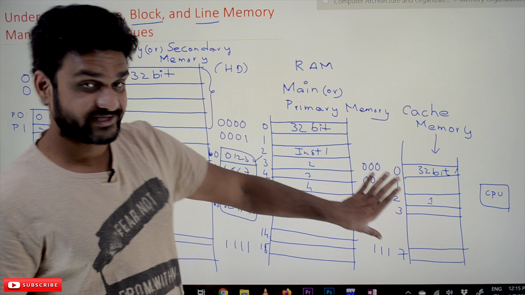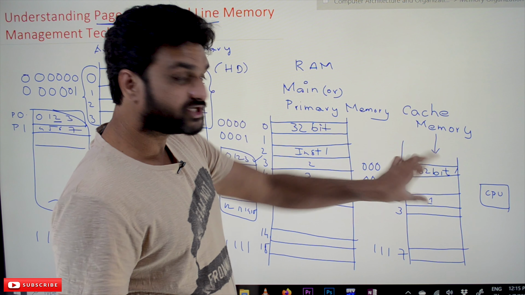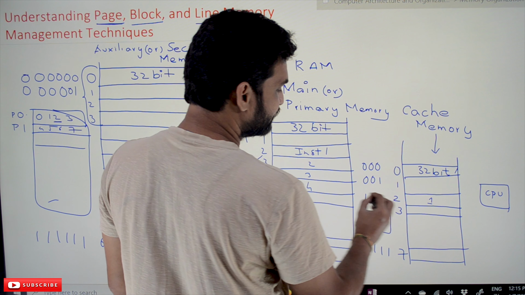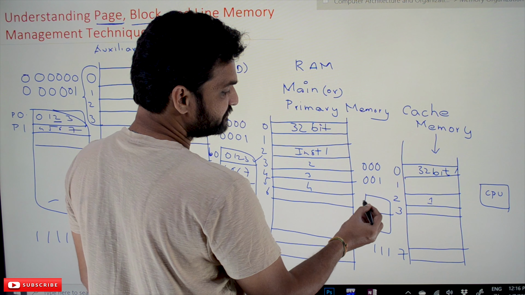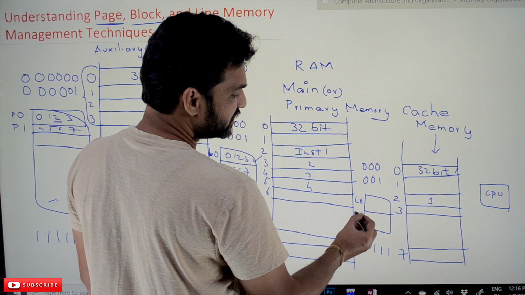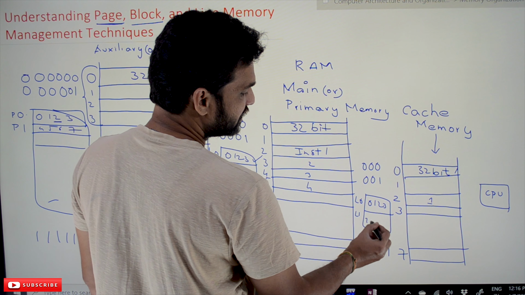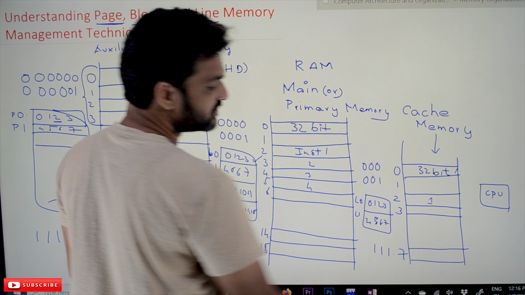Okay, similarly if we group 4 words into one group, as we have 8 words in this entire cache memory, it will be grouped as line 0 and line 1. Line 0 is going to have 0, 1, 2, 3 and line 1 is going to have 4, 5, 6, 7 locations.